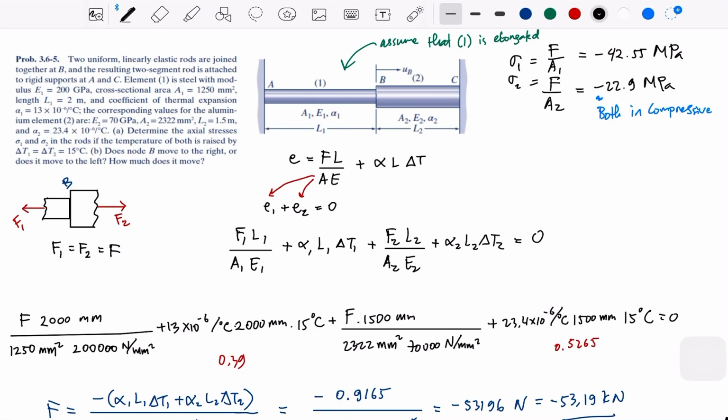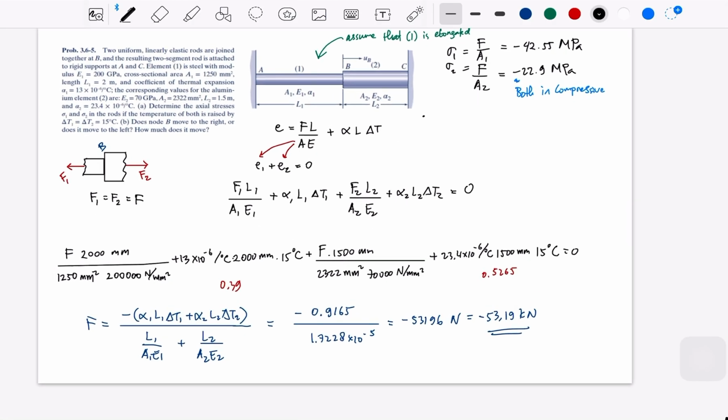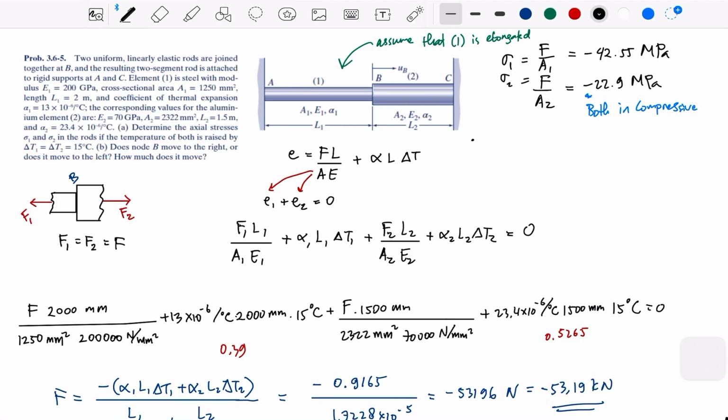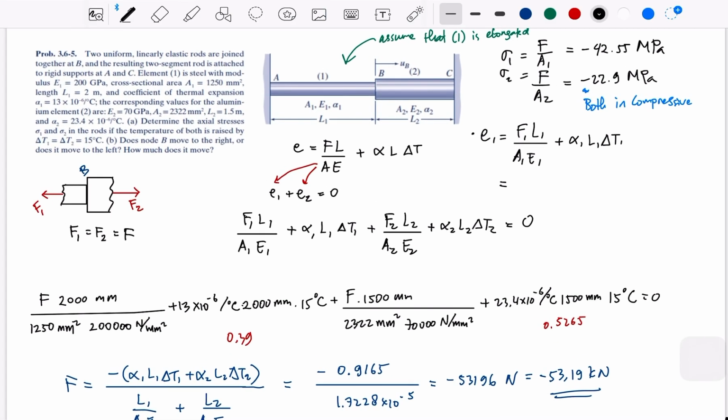So in our calculations, we include again all the necessary terms, so that will be our answer.